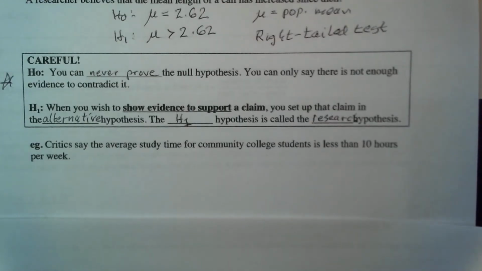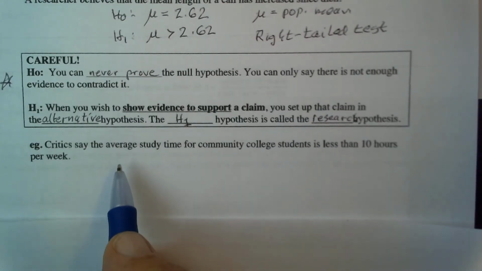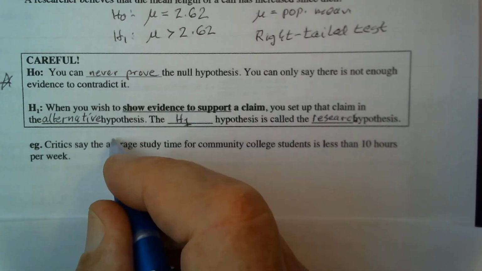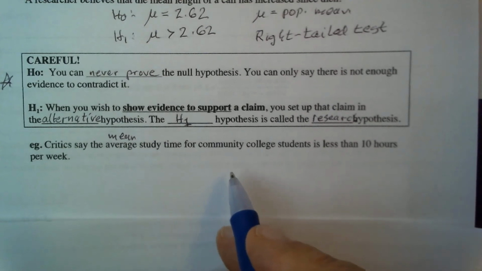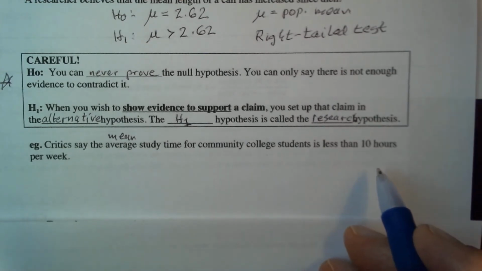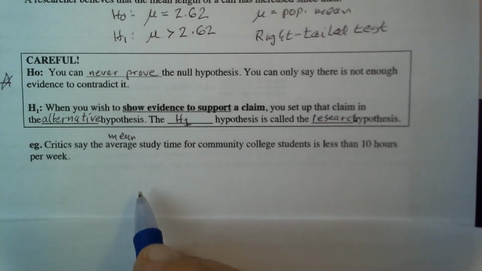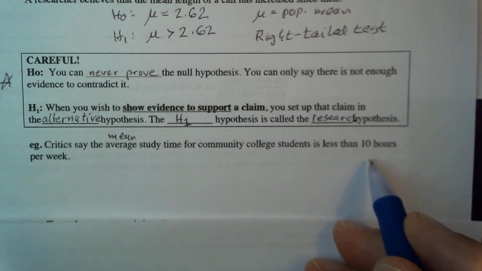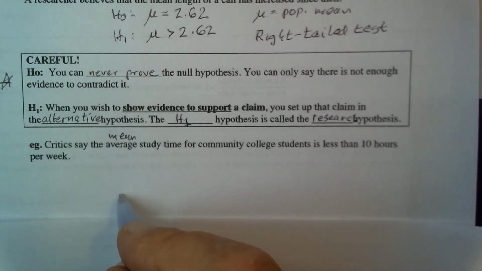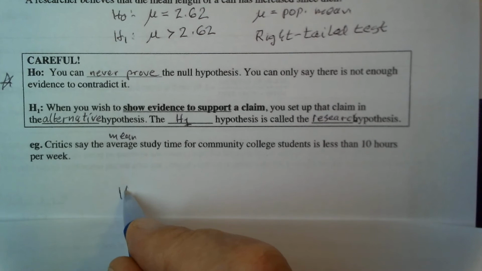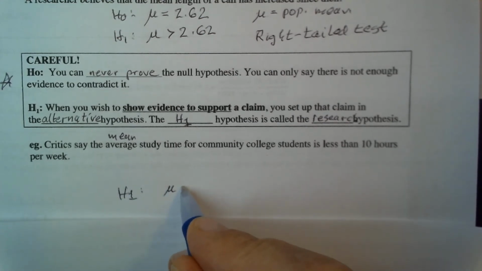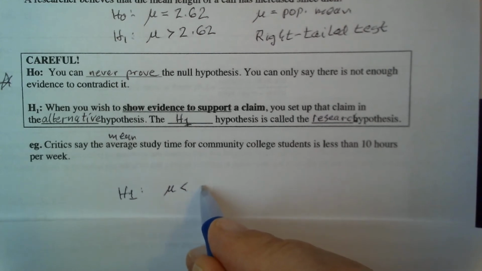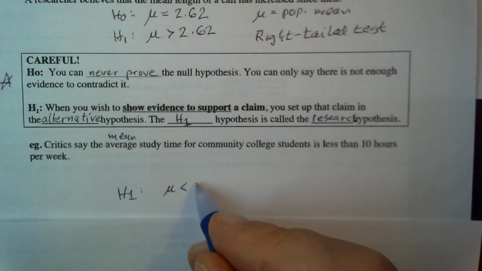Let's look at an example here. Critics say the average or mean study time for community college students is less than 10 hours per week. This is less than, so that's our alternative or research hypothesis. H1 is mu is less than 10 hours per week.